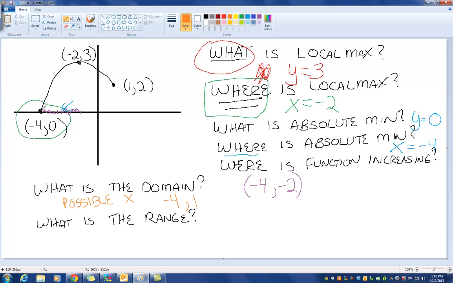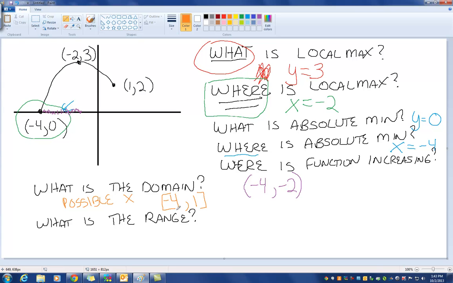Well, yes, since (-4, 0) is on the graph of the function. So you've got to put a square bracket at -4 to denote that x equals -4 is part of the graph. So is x equals +1. So it gets a square bracket as well. So the domain of this function is -4 to 1, the closed interval, the one with brackets on the ends.